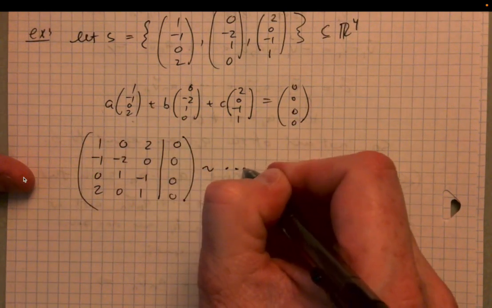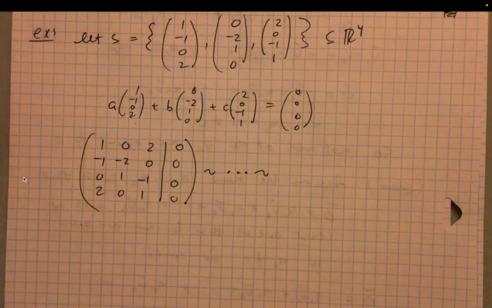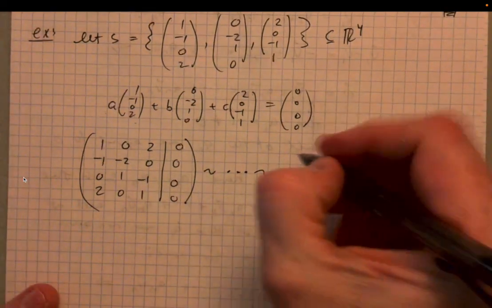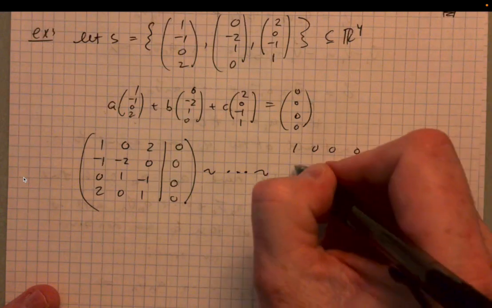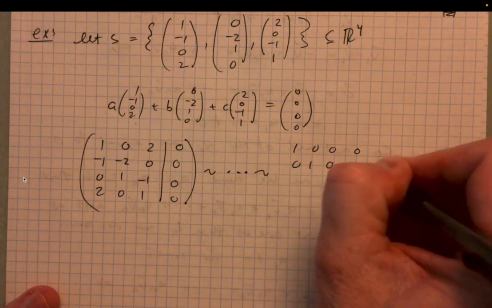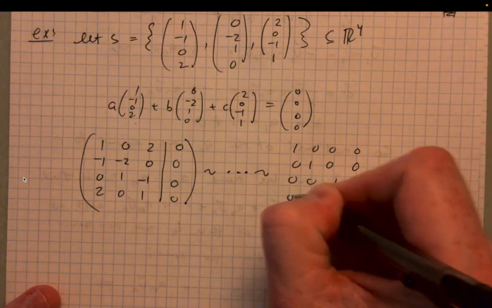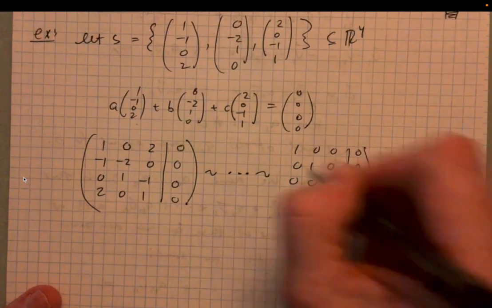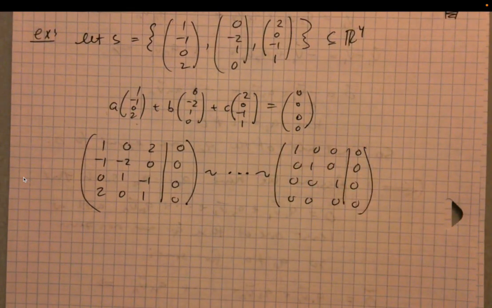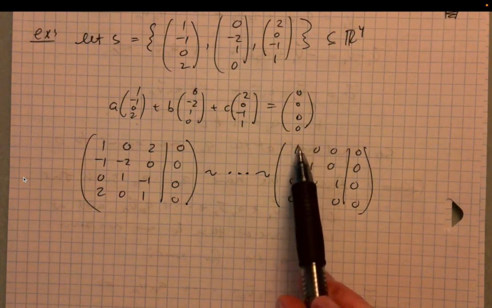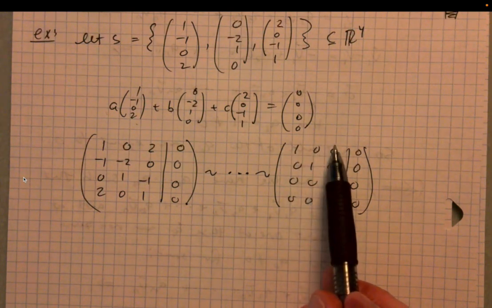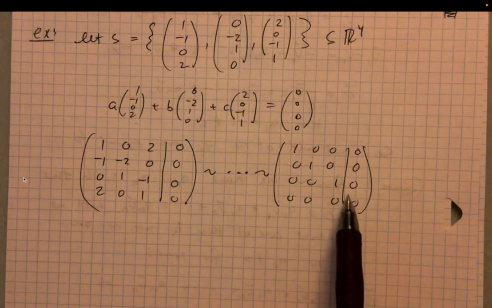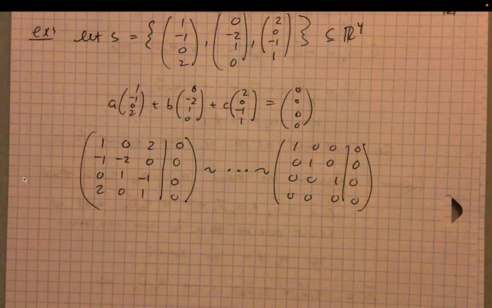Right, and you can pause the video and row reduce this, and when you do, you'll get 1, 0, 0, 0, 0, 1, 0, 0, 0, 0, 1, 0, and then all zeros at the bottom. Okay, and what does this imply? Well, here's your variable A, here's your variable B, here's your variable C, and A, B, C have to be 0.